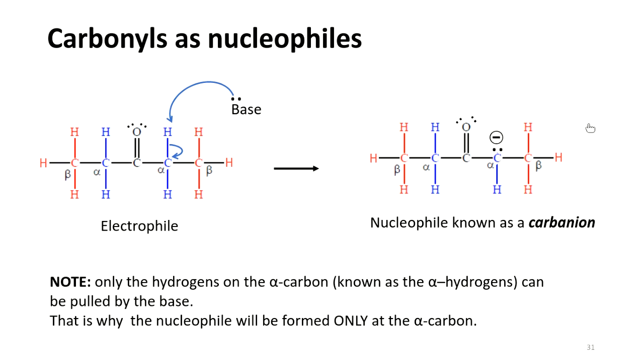This special kind of nucleophile is called a carbanion. So we have looked at carbocation, where the carbon is positively charged. Now we have a carbon which is negatively charged, and this is called a carbanion.